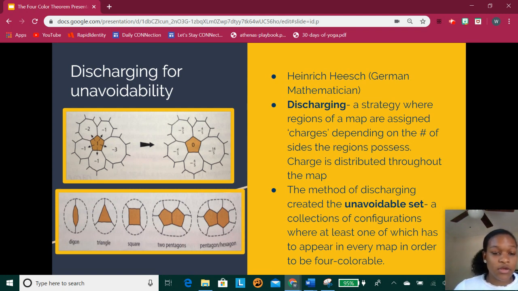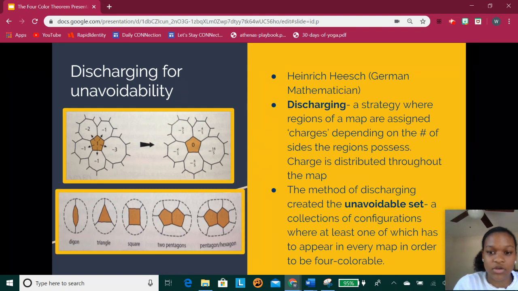If you look at the visual at the top, you can see in the middle of the first map, there's a pentagon, and it says the charge of that pentagon is 1. A pentagon has 5 sides, so the K would be 5, and you would do 6 minus 5, which makes the charge of the pentagon 1.